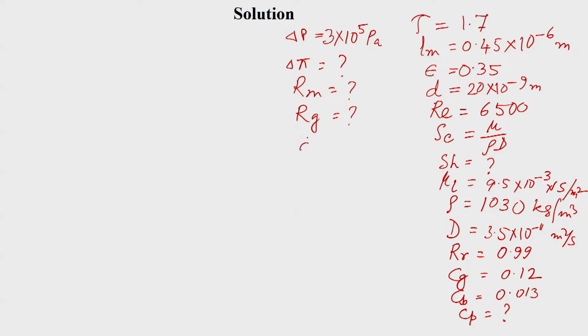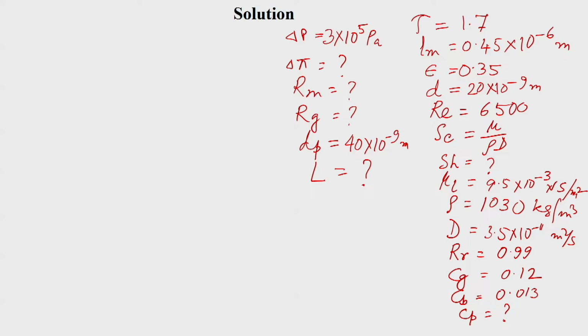The diameter of the particles deposited on the membrane surface is given as 40 into 10 to the power minus 9 meter. Then the first question is, what will be the thickness L of this gel layer.